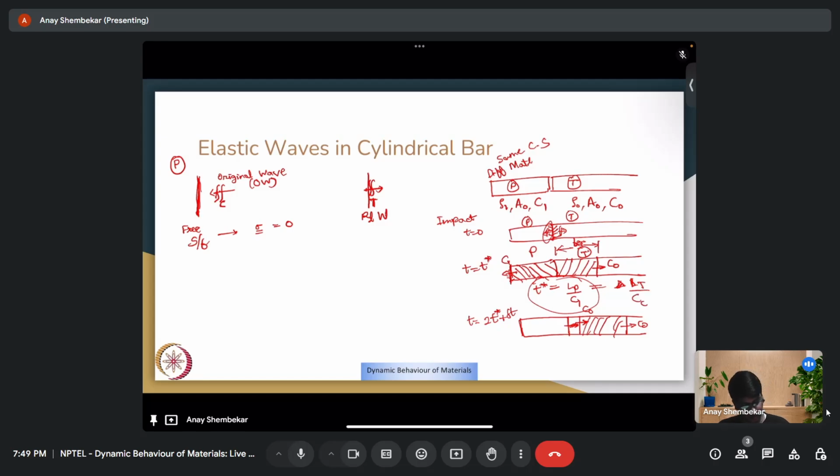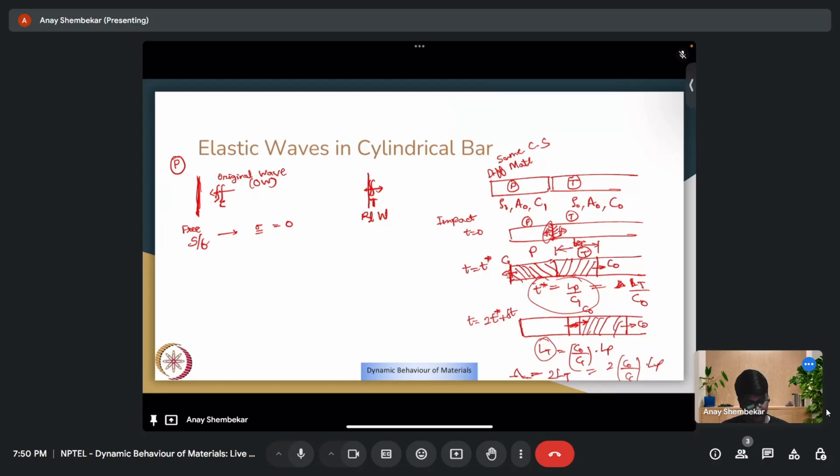So you can figure out that LT is C naught by C1 times LP. And then lambda would be twice this distance, so 2LT, which should be twice C naught by C1 LP. So it is a very simplified analysis, but you can think of this scenario in different ways.